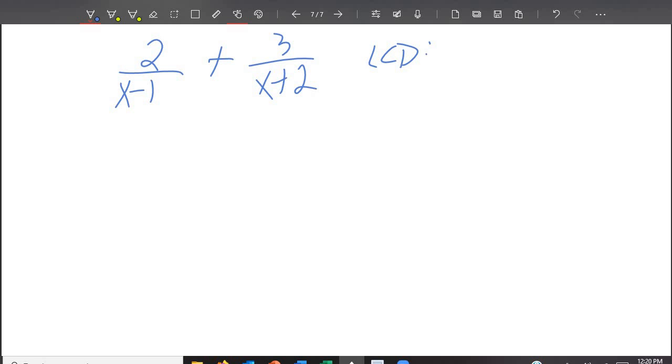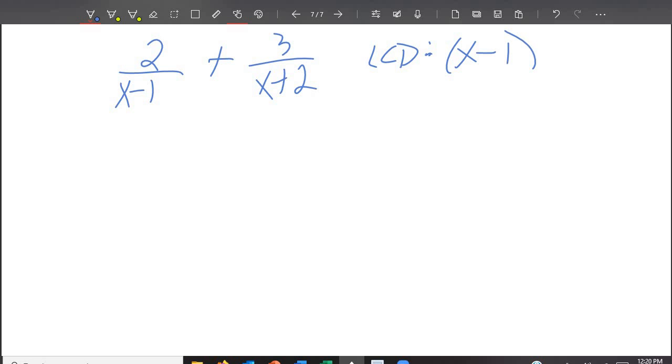All right, let's do one like this. We got 2 over x minus 1 plus 3 over x plus 2. My LCD will be a combination of both binomials since they are different.